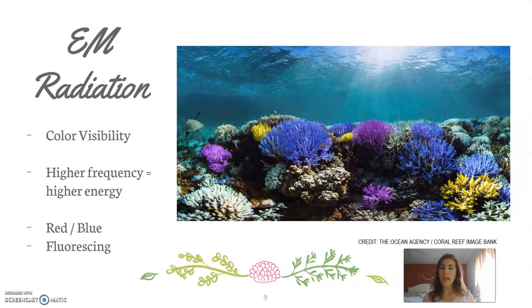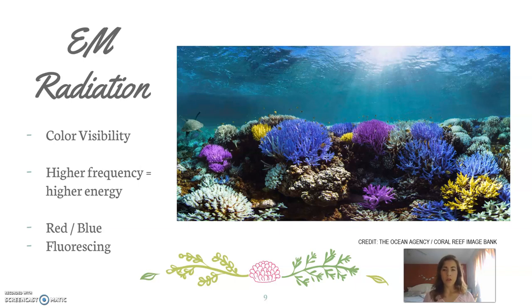So back to our color visibility, I have one final point that I need to make, and that is the beautiful color of these corals on this screen. Like I said, color is an indication of health, and corals will change color when they're stressing and in decline.